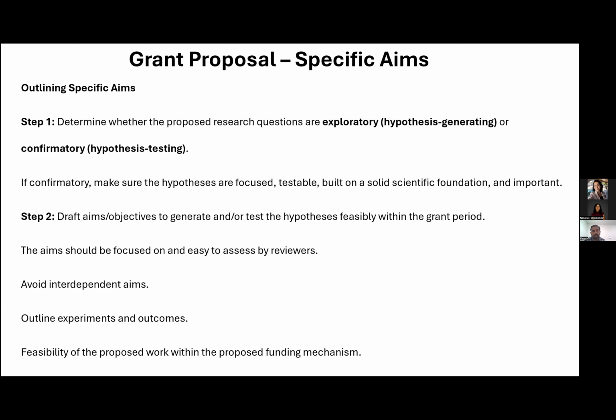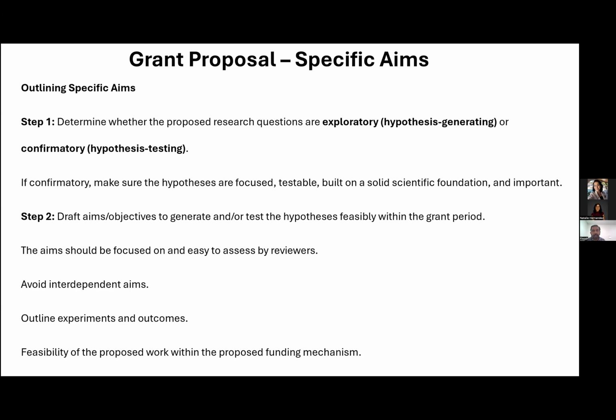In step 1, you will be defining your hypothesis. In step 2, you need to define how you are going to test your hypothesis based on objectives and sub-objectives. Each sub-aim you propose needs to be assessed by the reviewers. As I mentioned, avoid interdependent aims.